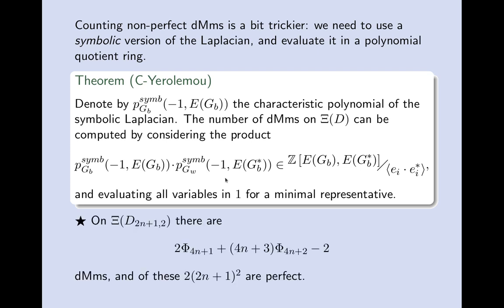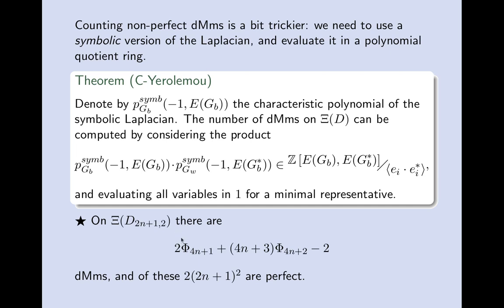As a concrete example, we can consider the simplest possible family of knot projections. These are the projections of the minimal diagram for the alternating torus knots with 2n+1 crossings.